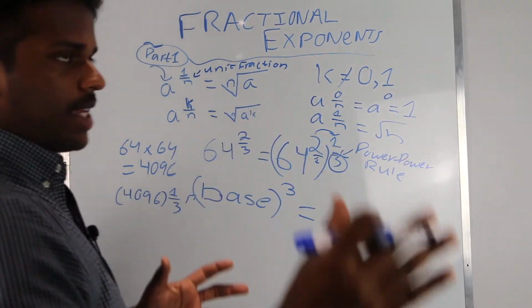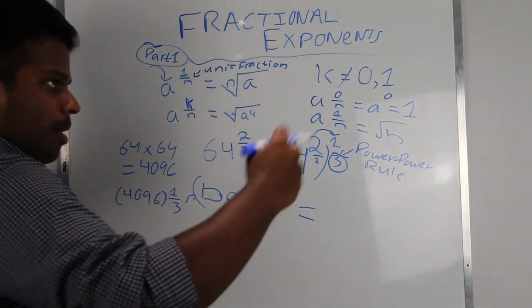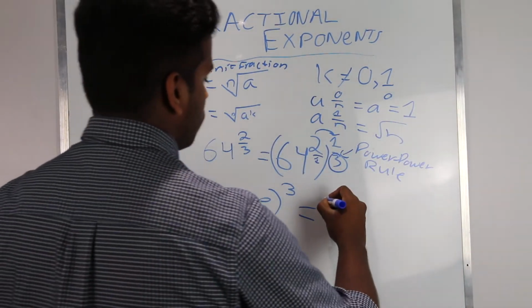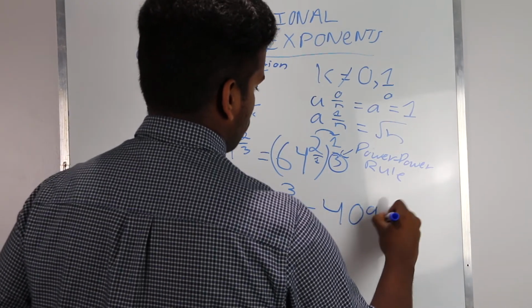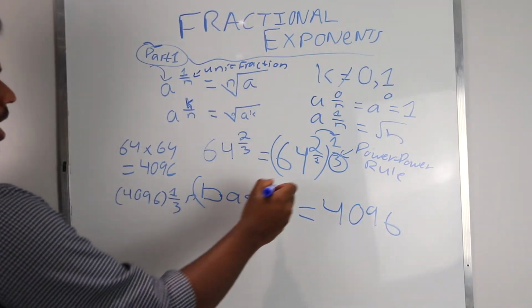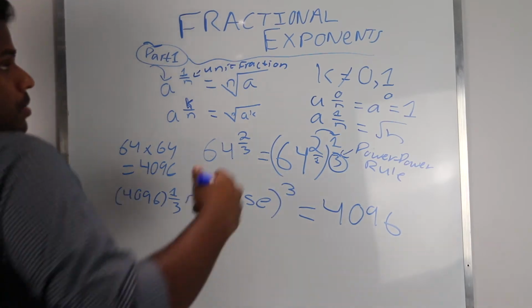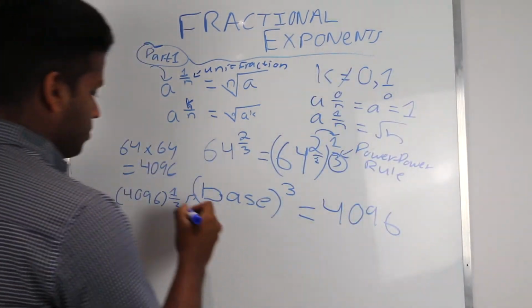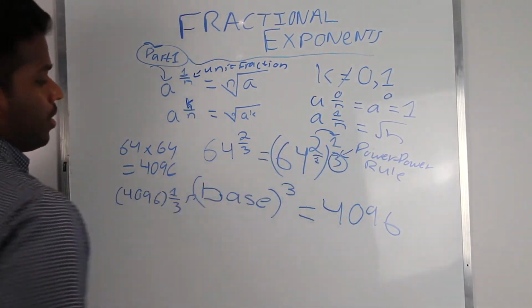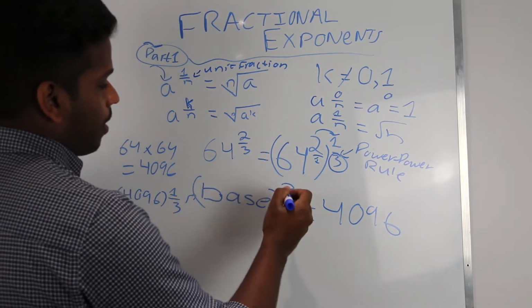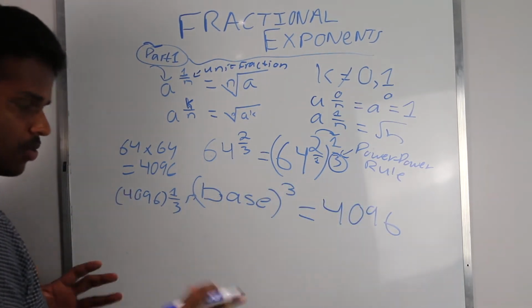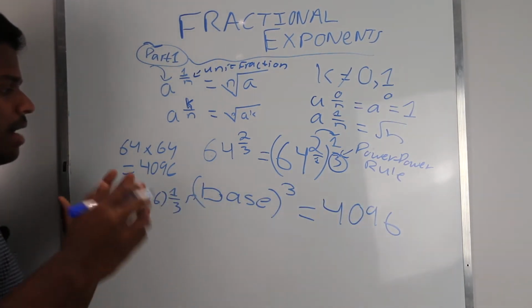We have an unknown base, we know how many times we multiply it by itself, and we know the result, 4096. The 3 comes from the n value of our unit fraction here. So now we have to figure out our base.